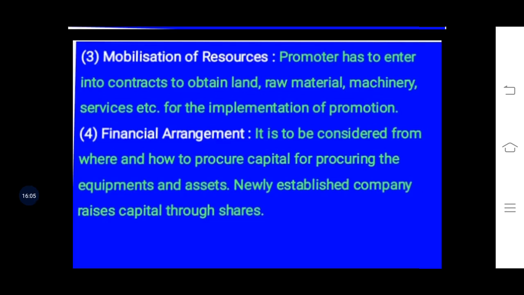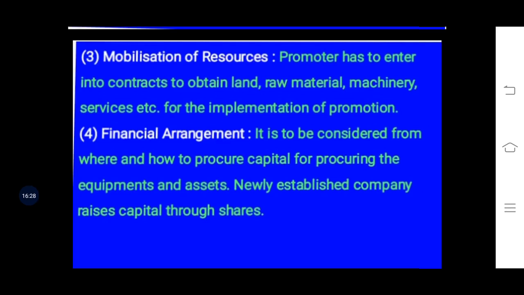So this kind of questions are investigated, and the suitable option is chosen. So now promoter has to enter into contract to obtain land, raw material, machinery, services, etc. for the implementation of promotion.